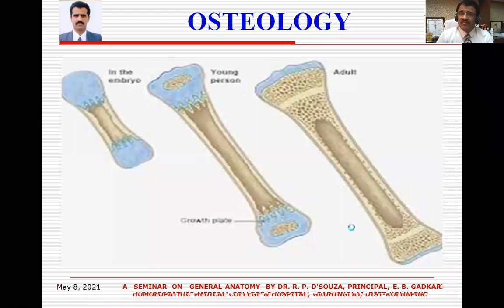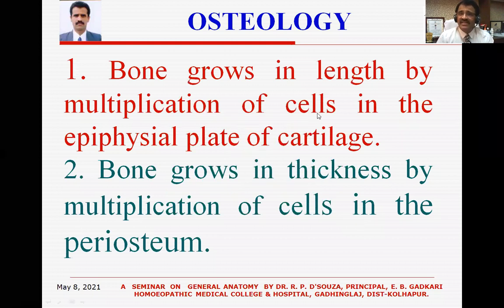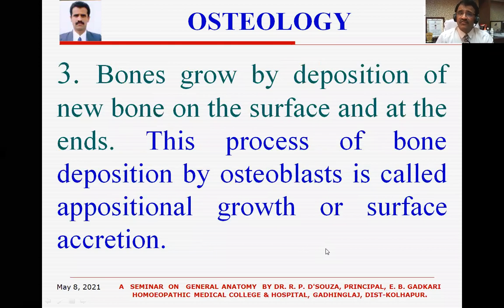Growth of long bones in length occurs by multiplication of cells in the epiphyseal plate of cartilage. Bone grows in thickness by multiplication of cells in the periosteum. So that is length and breadth. Bone grows by deposition of new bone on the surface and at the ends. This process of bone deposition by osteoblasts is called appositional growth or surface accretion.